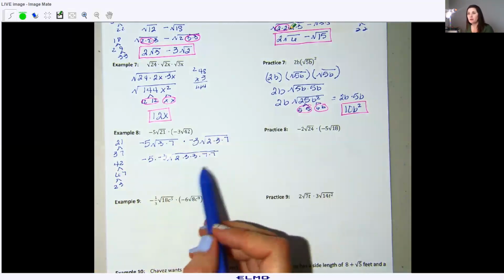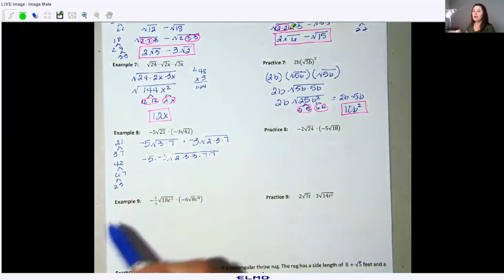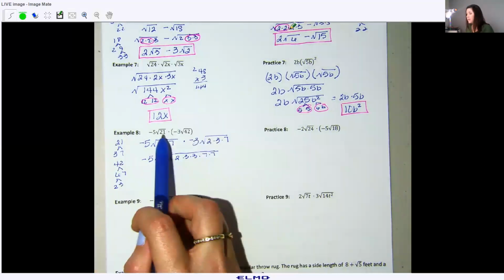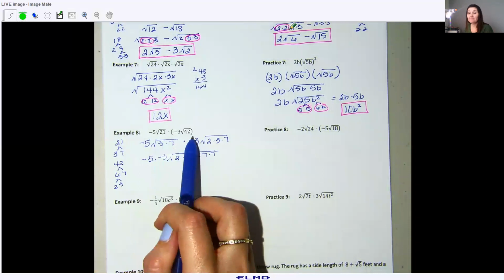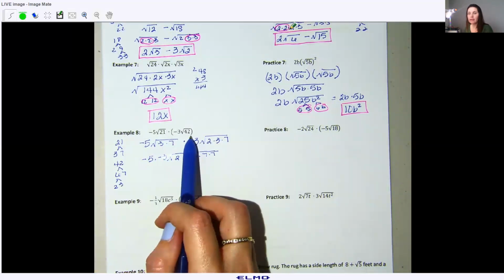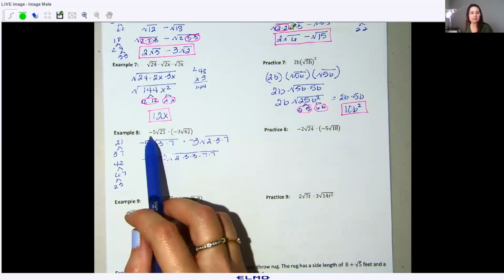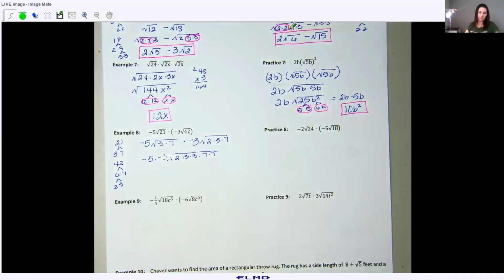So I already have them factored out here. Now, the other way that you could have done that is multiply 21 times 42 and then factor out that very large number. That would be a lot more work. And just to give you an idea, 21 times 42 is 504. So you'd have a very, very long factor tree if you did it that way.